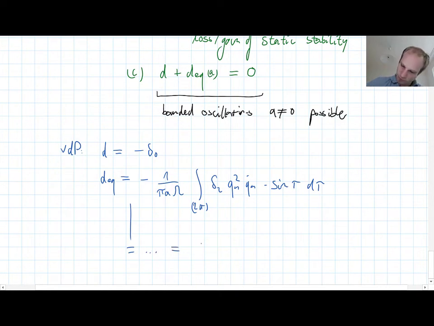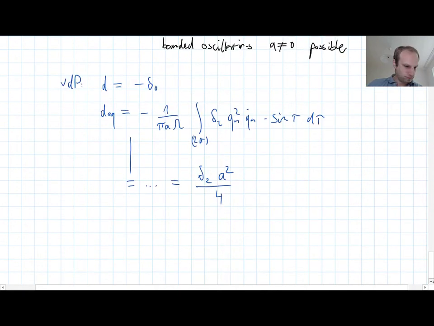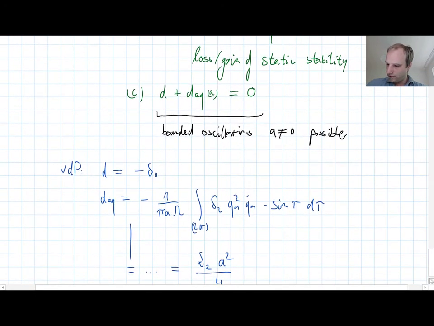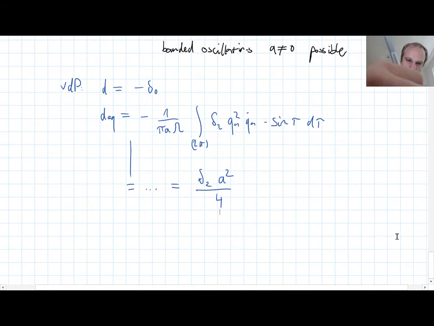And after some algebraic manipulations, we arrive at this expression here, delta 2 a squared over 4. So this equation here, d plus d equivalent of a, is now the following: minus delta 0 plus delta 2 a squared over 4 equal to 0.